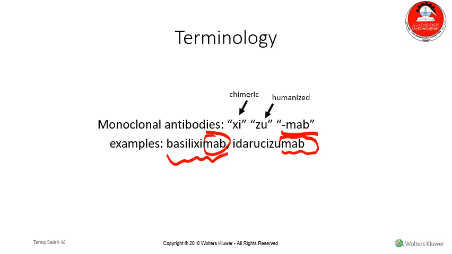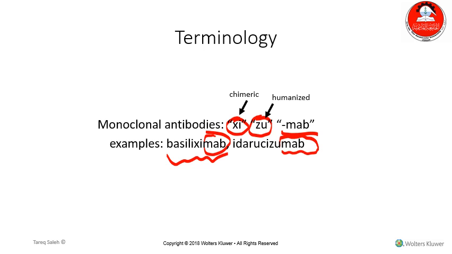Now we can use other references as well. The letters XI means that this monoclonal antibody is chimeric, meaning that it's derived from animals, from the mouse. Or they can have the two letters Z and U, which means that this drug was developed by a hybridoma involving gene editing, resulting in a humanized antibody.